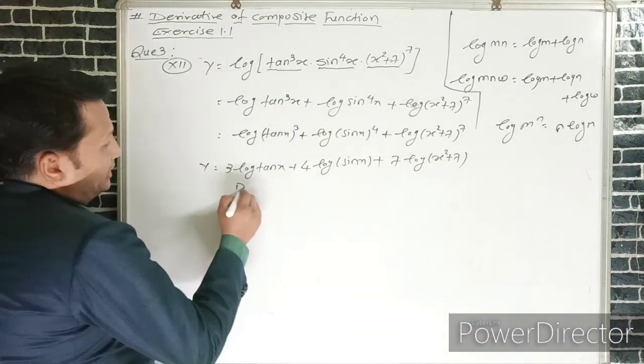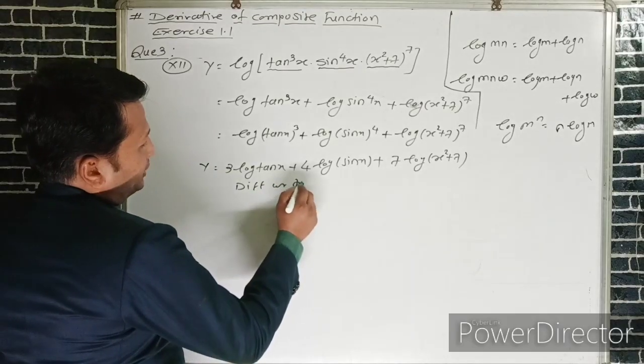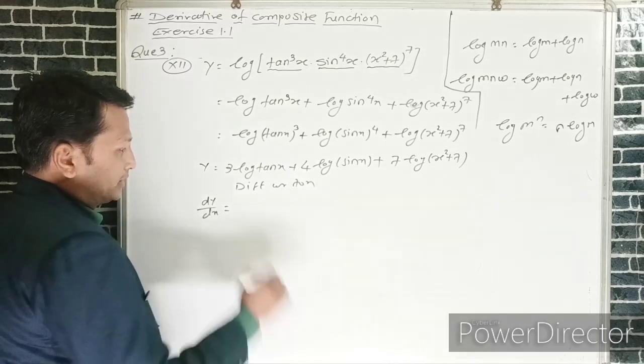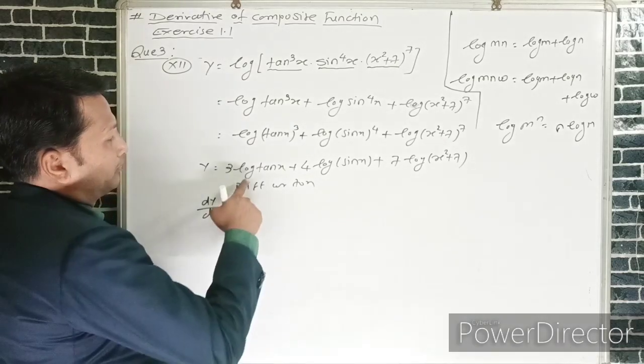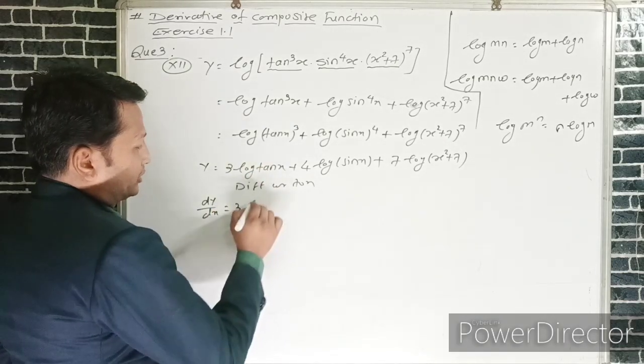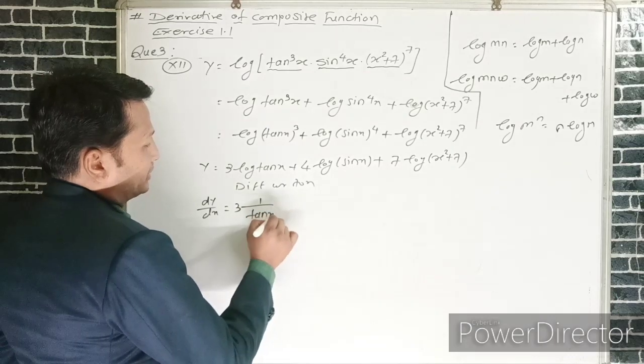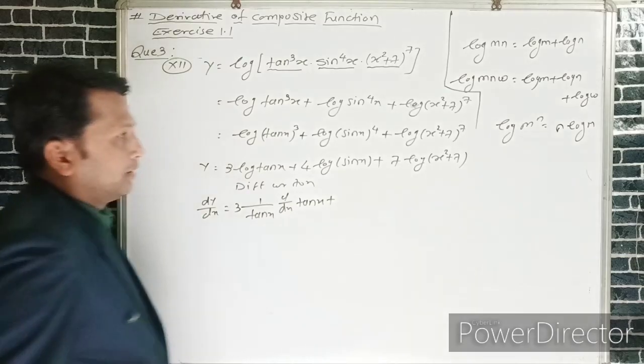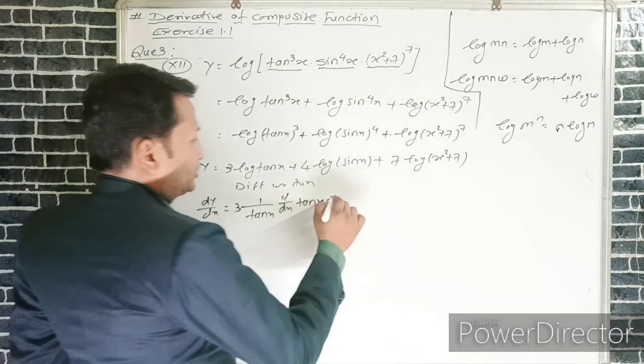Now we differentiate the given function with respect to x, and we get dy upon dx. 3 is constant. The derivative of log of tan x is 1 upon tan x into the derivative of tan x, plus 4 is constant.